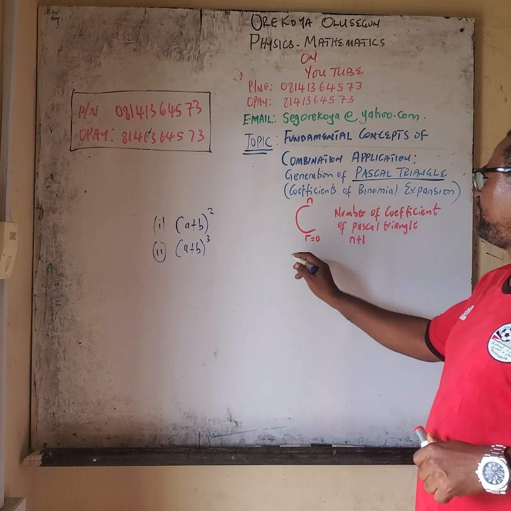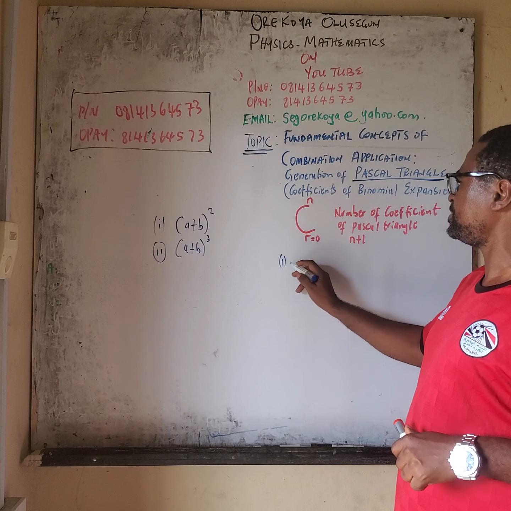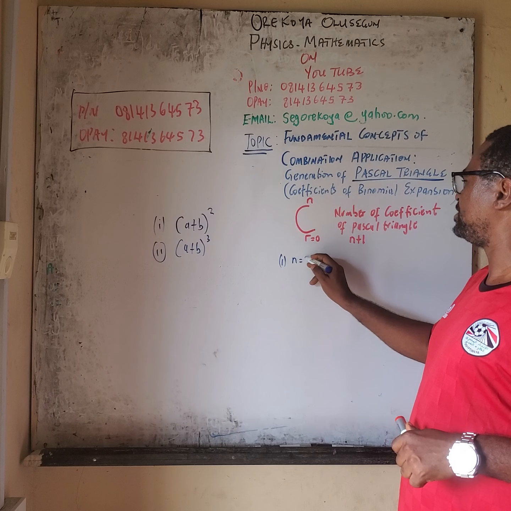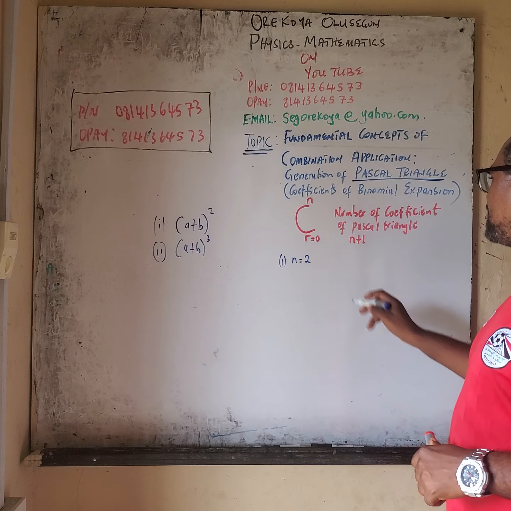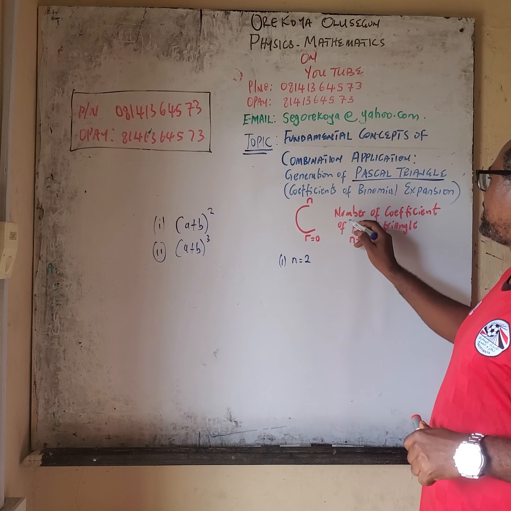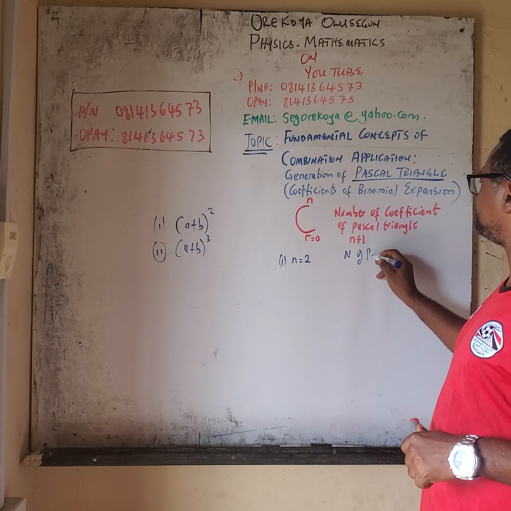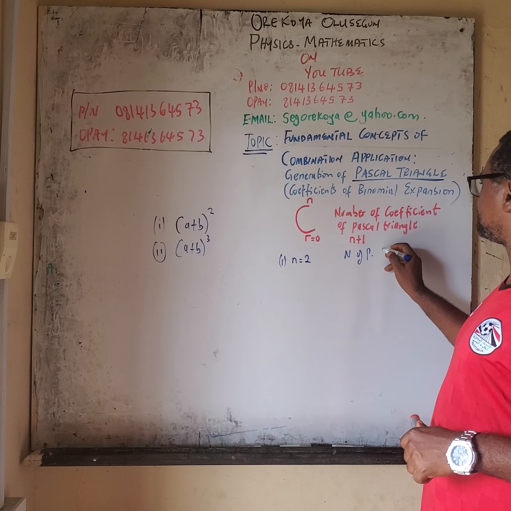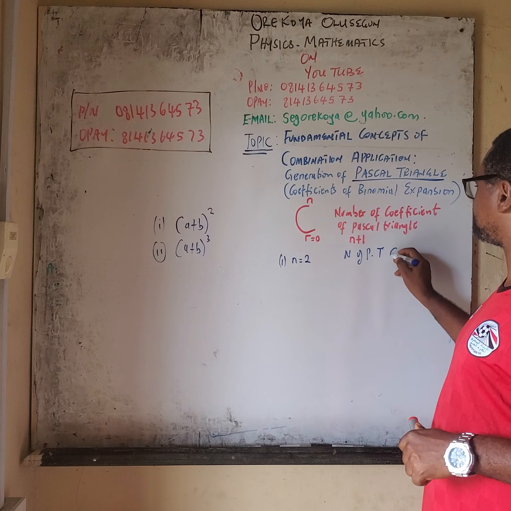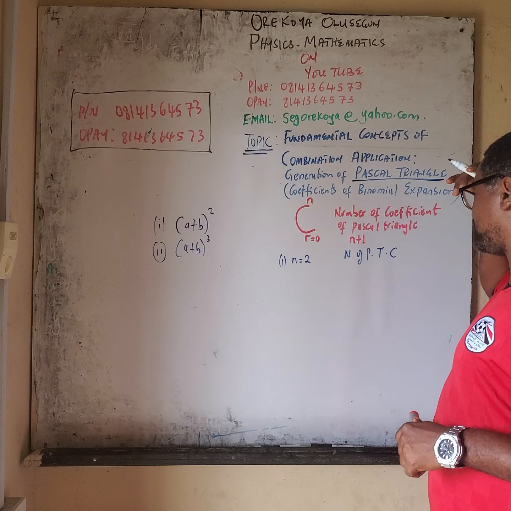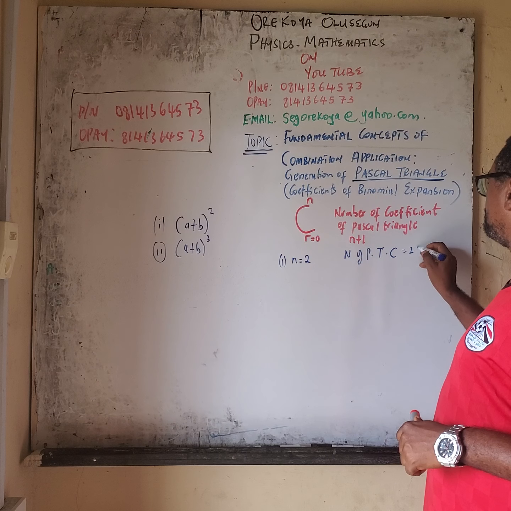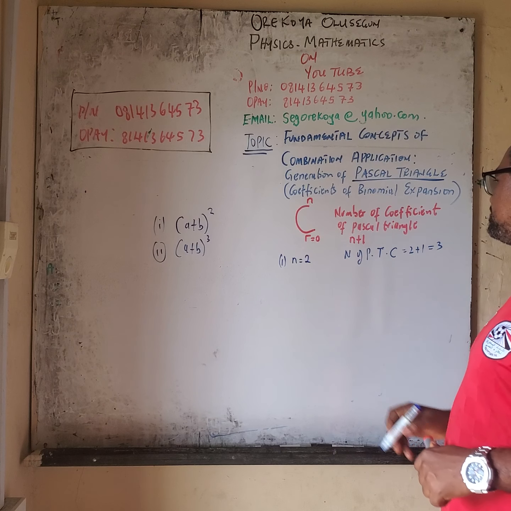So for the first one, our n is taken to be 2. Then the number of Pascal triangle coefficients will be 2 plus 1, which is 3.